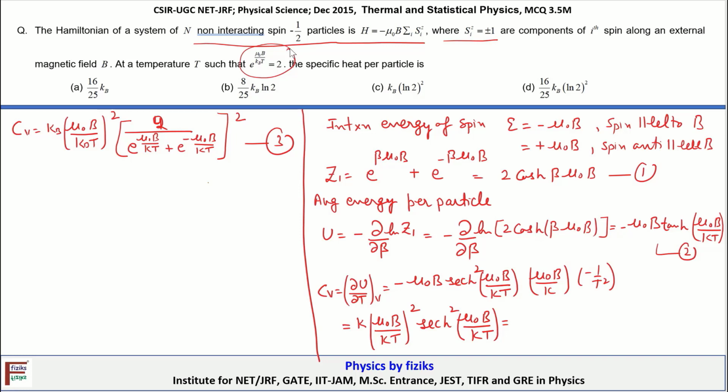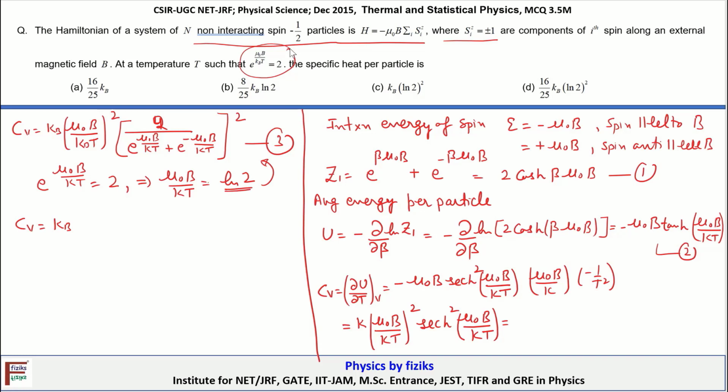Now we are given that exponential mu naught B upon kT is equal to 2. This implies mu naught B upon kT equals ln 2. So with this substitution in equation 3, we obtain the heat capacity per particle, which is equal to k (mu B by kT) its square.